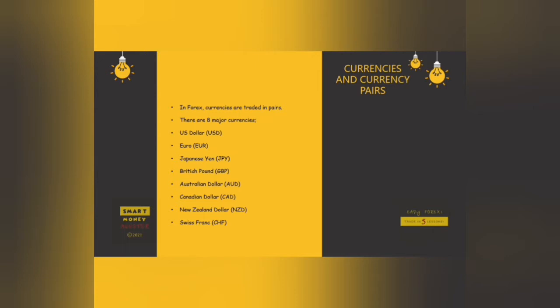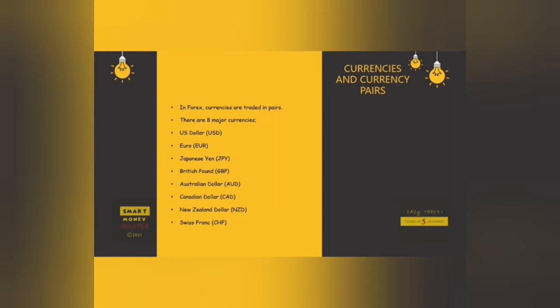I want to buy British pound, Japanese yen. No, just to make it easy. US dollar is dollar. You have euro, yen, pound, Aussie, loonie, kiwi, and Swissie. Swissie for Swiss franc, kiwi for New Zealand dollar, loonie for Canadian dollar, Aussie for Australian dollar, pound for British pound, yen for Japanese yen, euro, dollar, and so on.